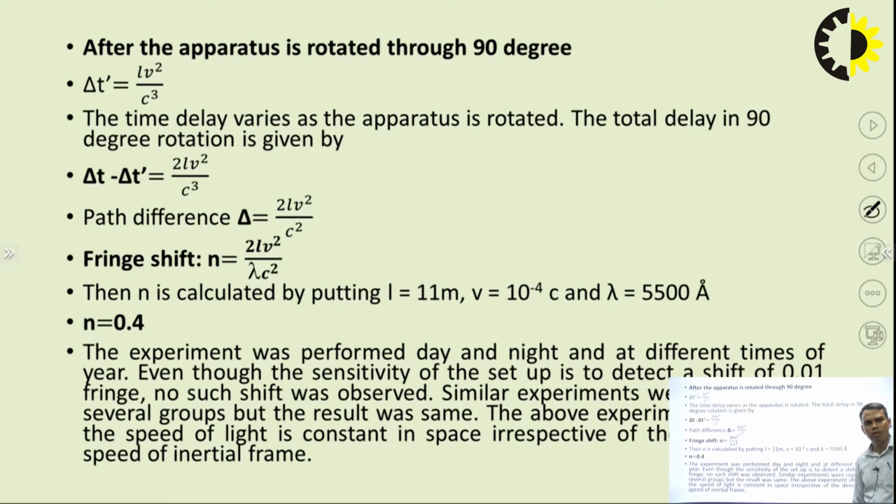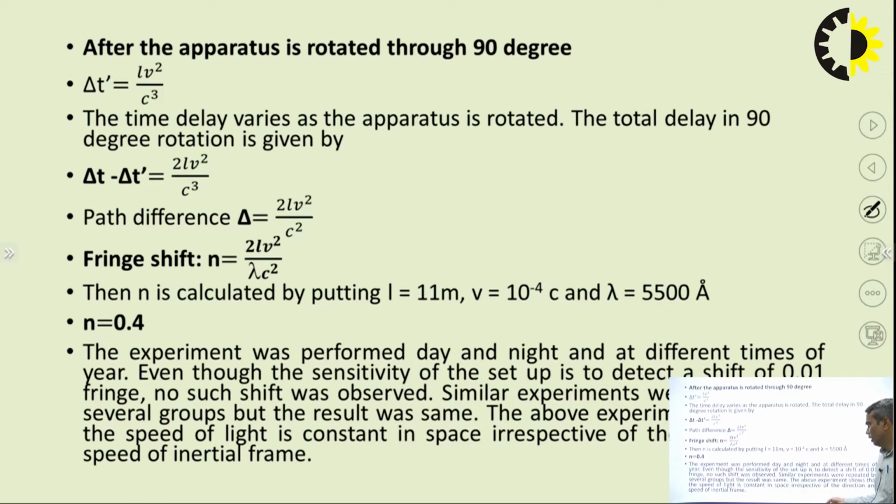When they substituted the numerical parameters of length, velocity and c, they found the fringe shift n is equal to 0.4, meaning almost less than half a fringe will shift when we rotate the positions of mirrors M1 and M2.